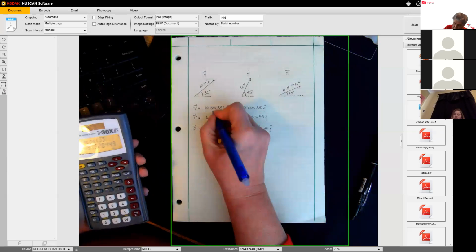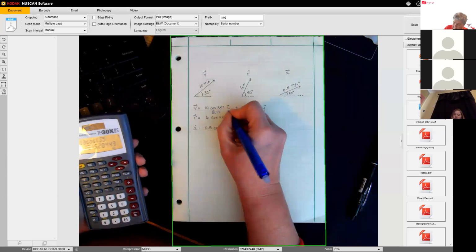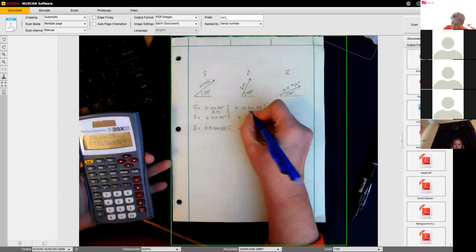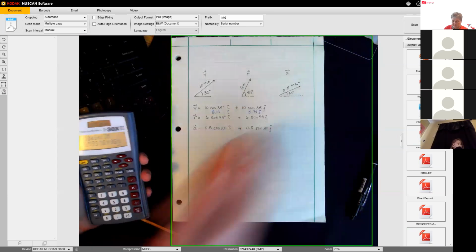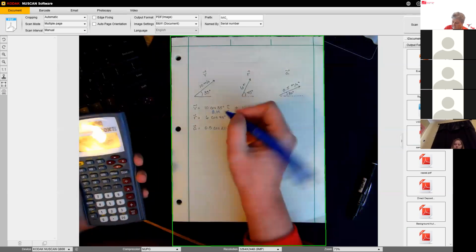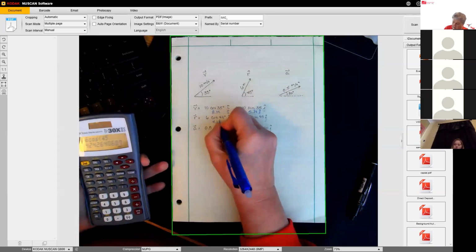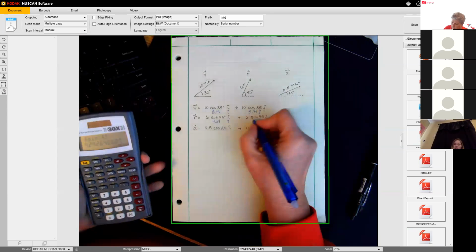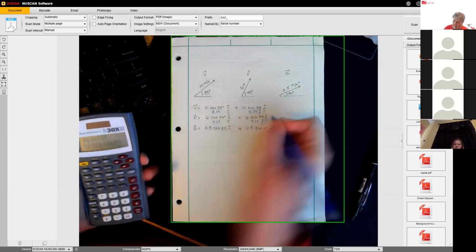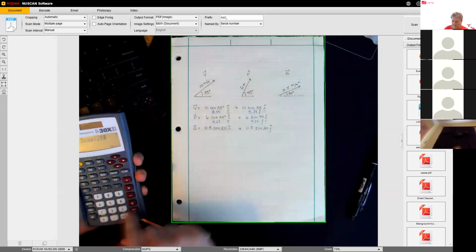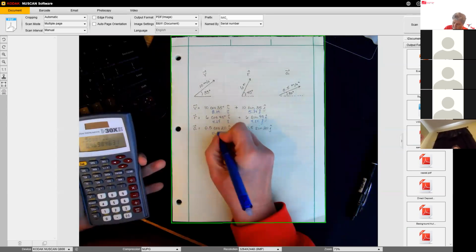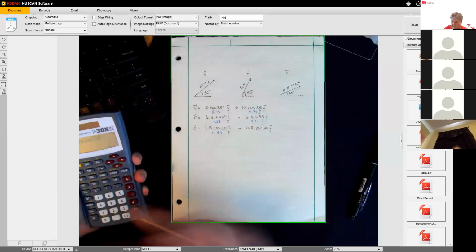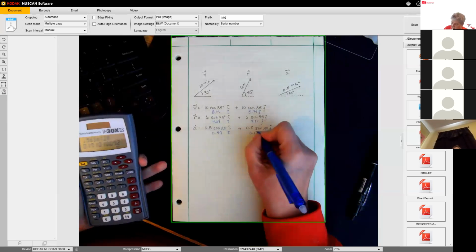So this is going to be 8.19 I, and this is going to be 5.74 J. This is going to be 4.24 I, that's 4.24 J. And then I've got 0.5 cosine of 20. This is 0.47 I, and this is 0.17 J.